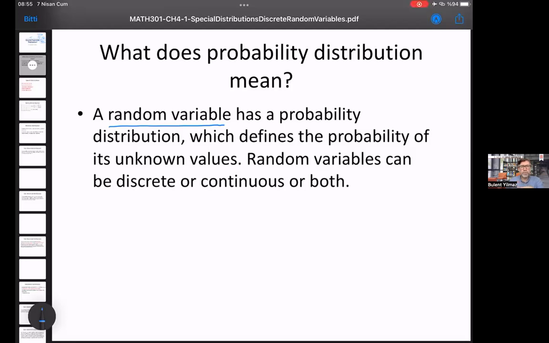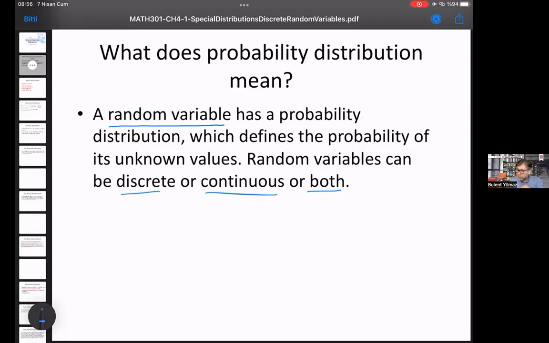Okay, number of passes in a soccer game, number of students in a classroom, number of people passing by, number of defective parts. All these things are random variables, and random variables can be discrete and continuous, as we mentioned before, or they can be mixed random variables. In a random variable, there might be discrete and continuous parts.